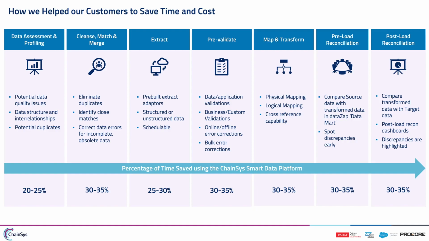The Excel file can be loaded again, and we have provision for bulk error corrections as well. By performing the pre-validation, we can easily save overall 30 to 35% of the time in the data migration phase. Okay, map and transform.